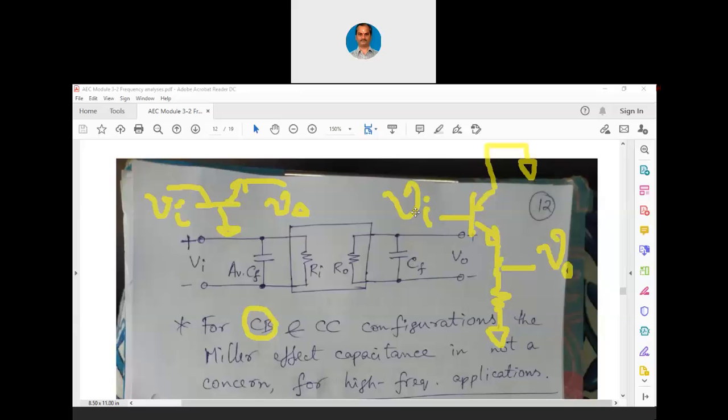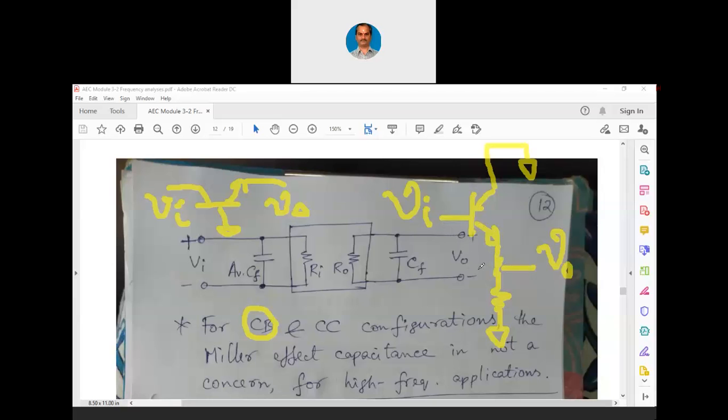Now look at this, we are giving input at the base, we are taking output at the emitter, and the collector is grounded. That means if at all you have a capacitance between base and collector, the collector's other end is anyhow going to be grounded. It is not going to affect our output. As far as the emitter junction is concerned, this is a PN junction which is now forward biased.